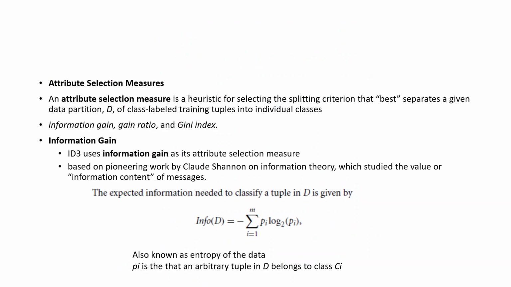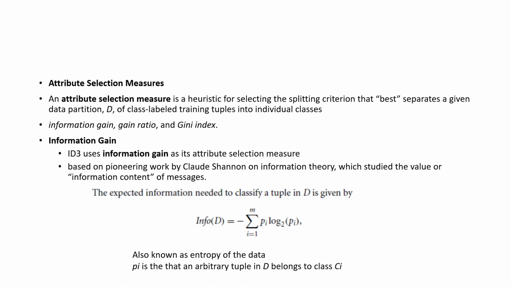The attribute selection method is a heuristic for selecting the splitting criterion that best separates a given partition D. So we have to find among the different attributes which one is the best to use currently to split our data set so that we come up with the best division. Information gain, gain ratio, and Gini index are three different attribute selection measures. First we will look at information gain.